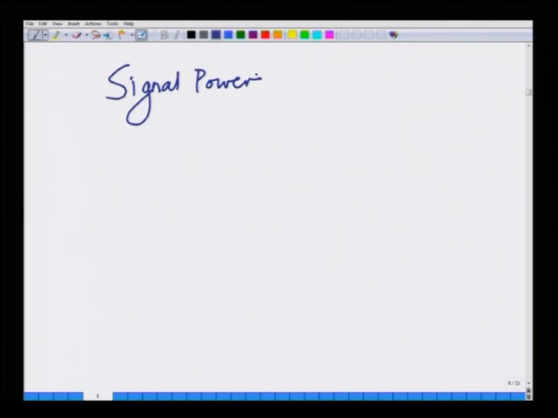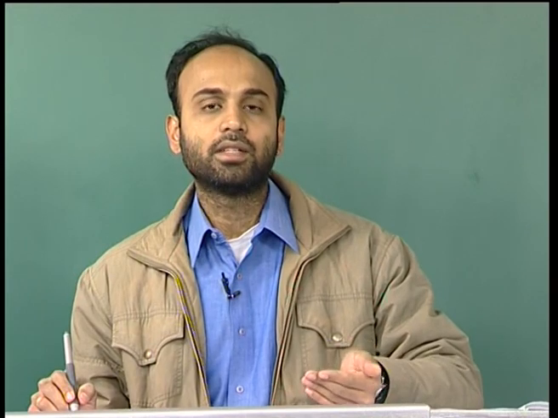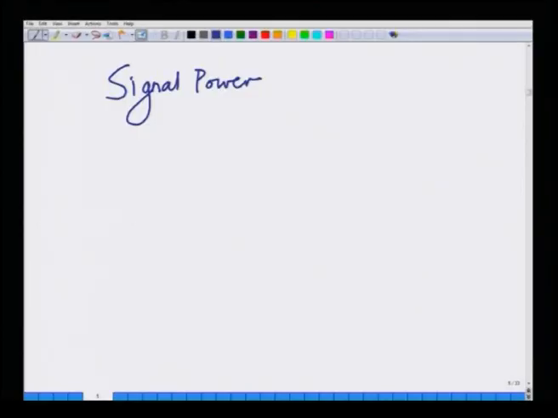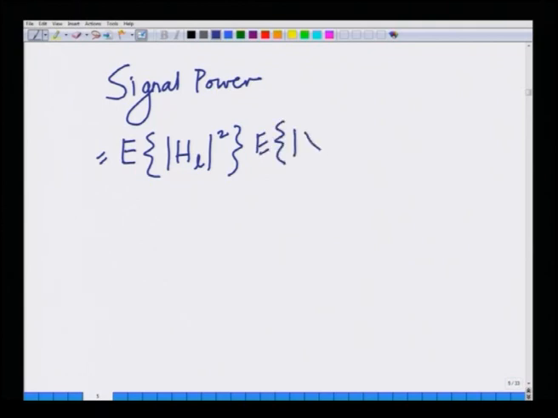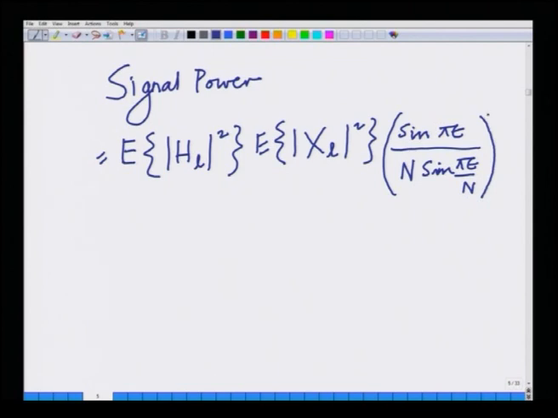The signal power is nothing but expected magnitude h_l square into expected magnitude x_l square into (sin pi epsilon divided by n sin pi epsilon by n) whole square.